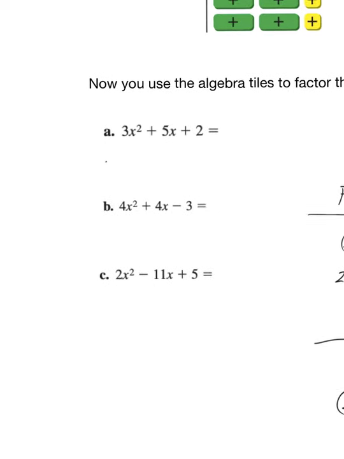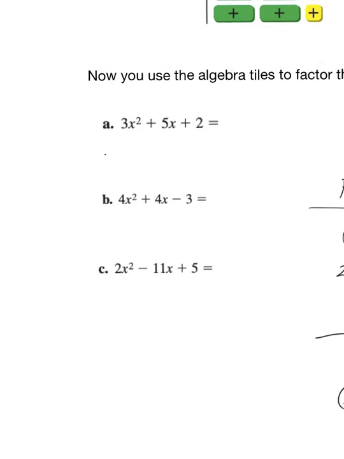Actually, I don't even know if I want to start you on the first one, but I'll start by giving you these parentheses here. So what I'm going to ask you to do is pause this video for a moment, and see if you can figure out what the binomial factors of this expression are. So pause the video now and take a shot at it.